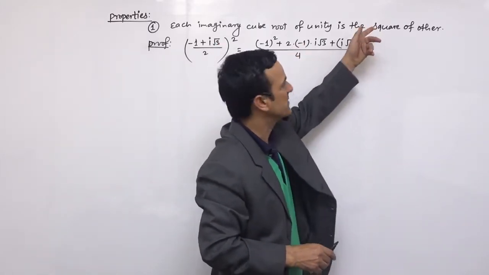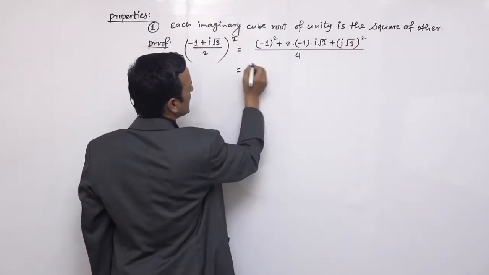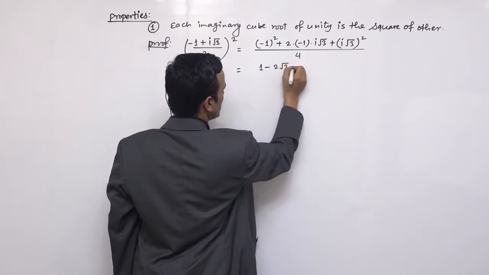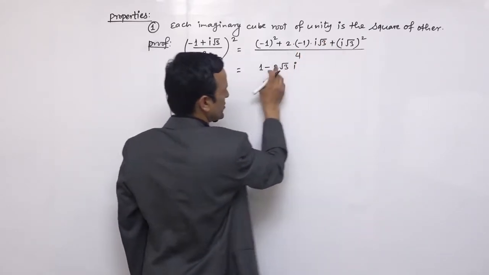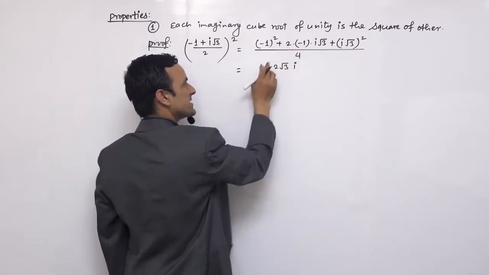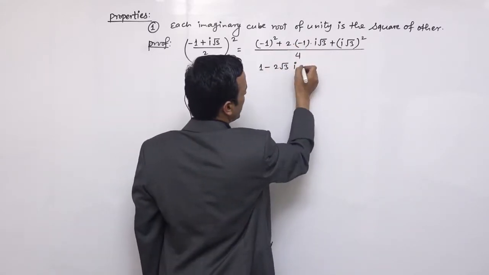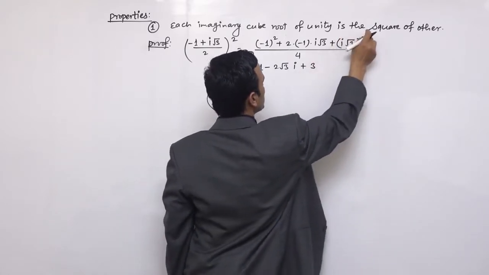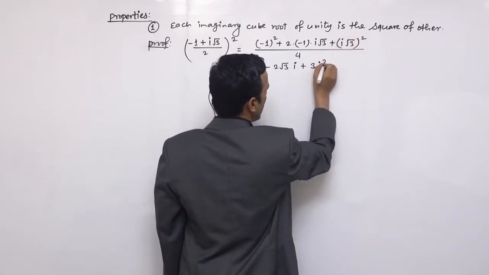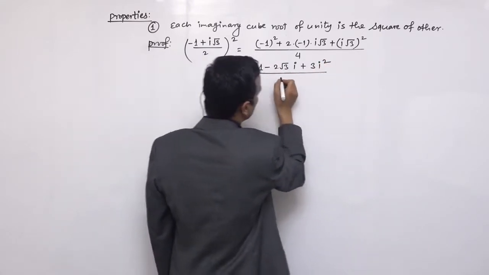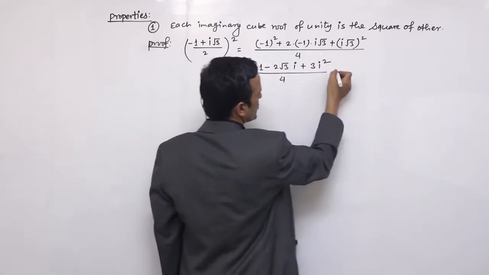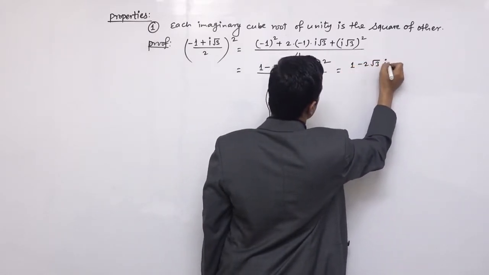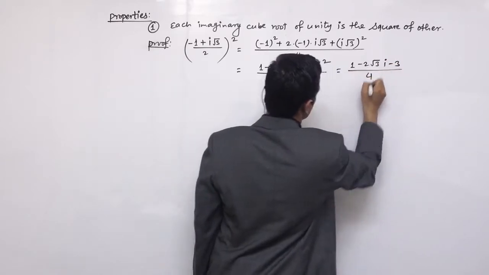So let's solve it: it is 1, and here 2 root 3 into i, with the minus sign, and root 3 squared is 3, i squared is i squared, and here is 4. So 1 minus 2 root 3 i minus 3 divided by 4.